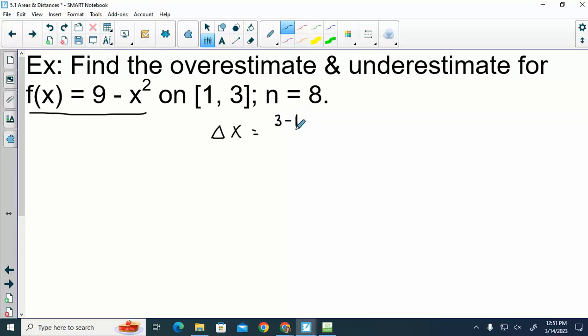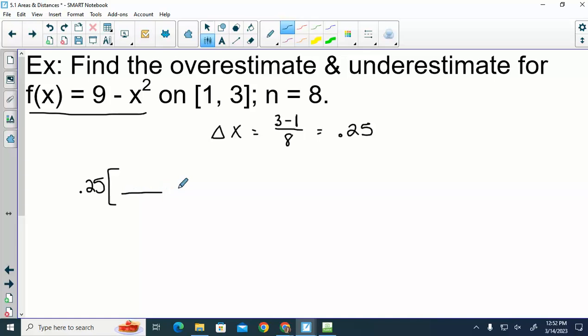So that's only 2 units long, and I want to divide it into how many rectangles? 8. So we get 2 over 8, so 1/4 or 0.25. I'm just going to say 0.25. I think plugging these in definitely might be a little bit easier. So my rectangles will all have a width of 0.25.